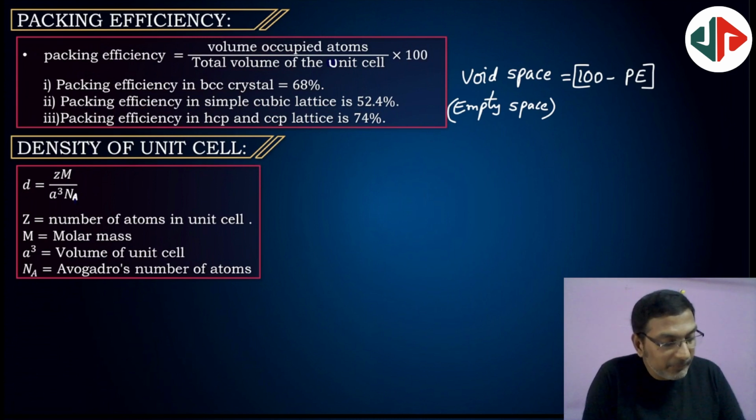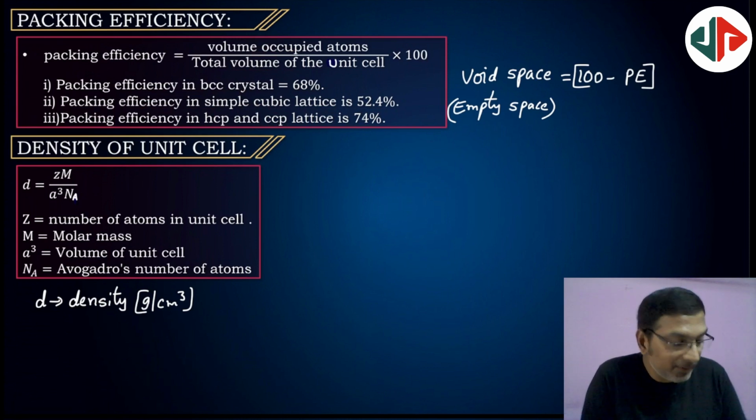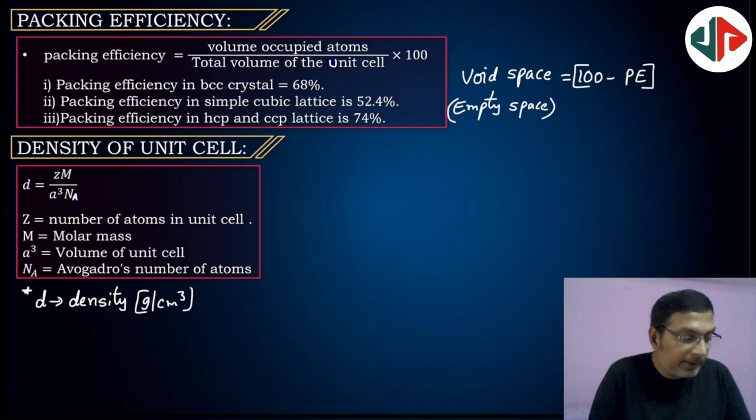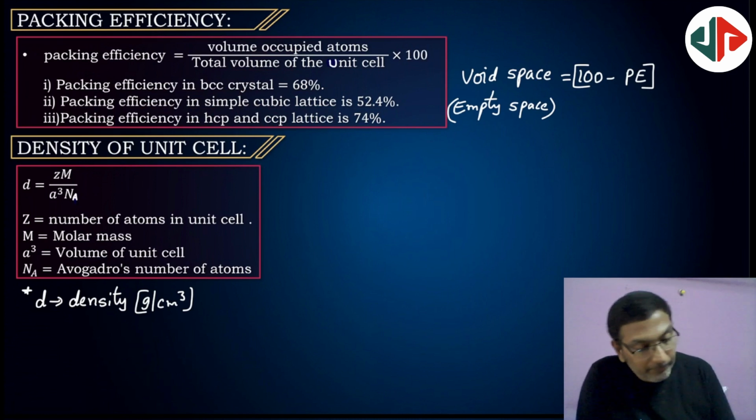Next, density of unit cell, D equals Z into M by a cube into Na or N naught. Na is Avogadro's number. Z is effective number of atoms in unit cell. D is density, in grams per centimeter cube generally, or kg per meter cube. In any way you can calculate. M is molar mass or atomic mass.